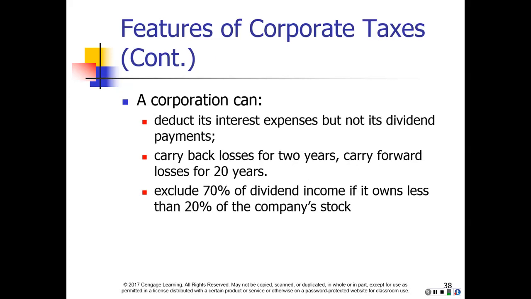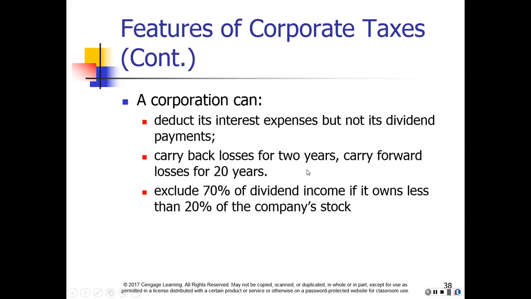Of course, remember, taxes are not being paid on all the income, because a corporation can deduct interest expenses, right? But not dividend payments to stockholders. Interest expenses to bondholders, but not dividend. It can carry back losses for 2 years, or carry forward losses for 20 years.